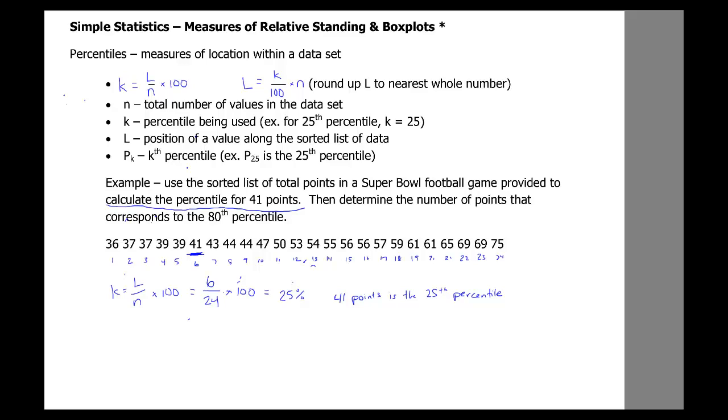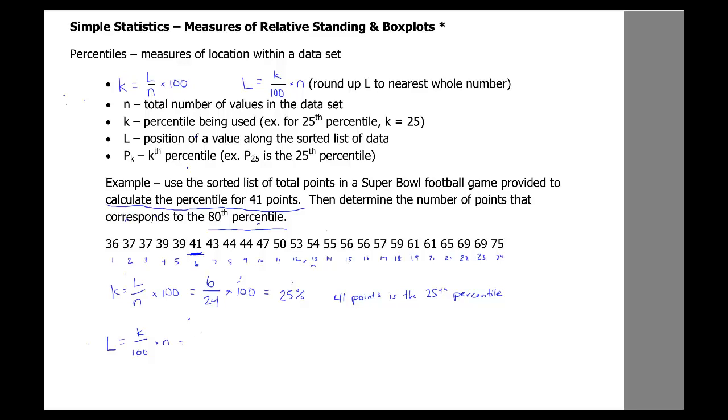The second part of this question up here says to determine the number of points that corresponds to the 80th percentile. So now we know the percentile and we want to figure out what number that corresponds to. So we're going to use our other equation, L equals k over 100 times n.